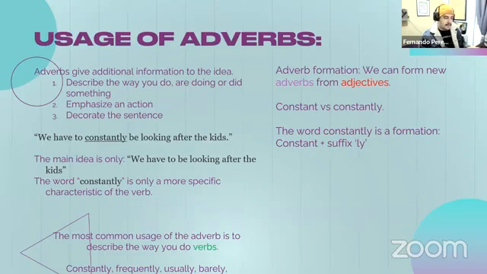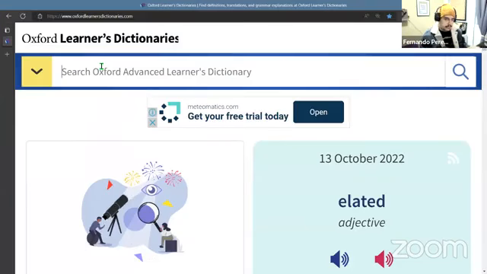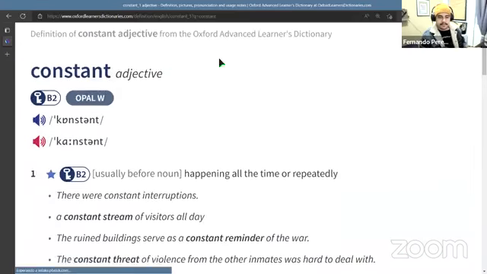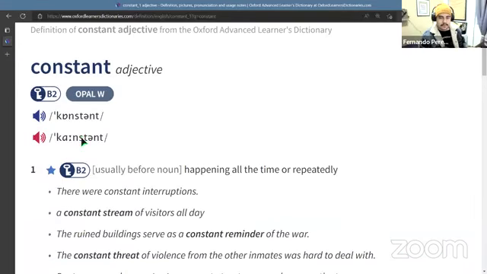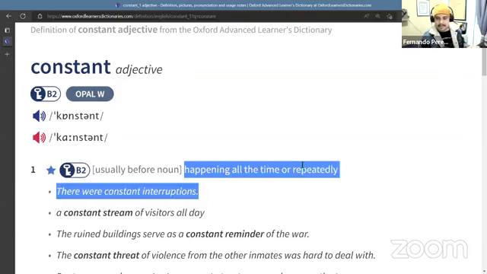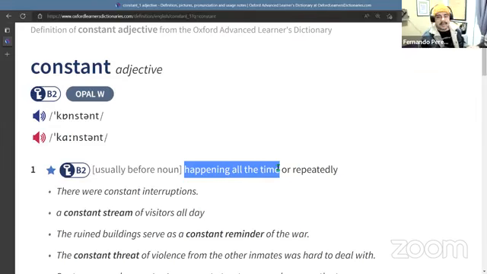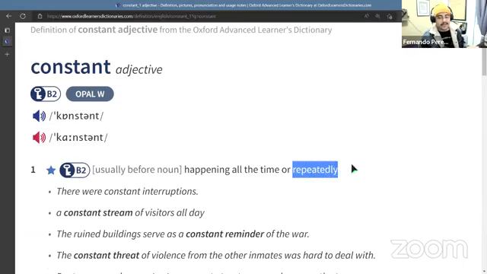Well, let's go directly to the dictionary and let's check the definition for constant. It says here constant, happening all the time. And then we have another option, or repeatedly.